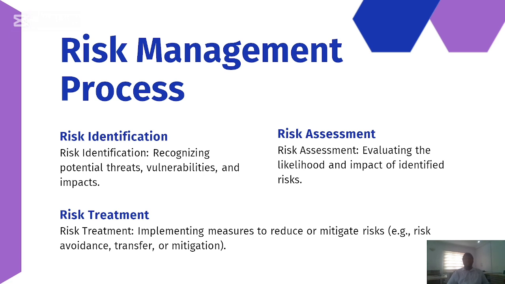So there are different types of risk treatment. You can transfer the risk to another person, and this is a case where a company or an individual cannot handle that particular risk. You can also avoid the risk by making sure that it does not come at you at all. You set policies in place to make sure that those risks do not happen to you. For example, no external flash drive can be used in an organizational system, to avoid the use or spread of malware through flash drives.